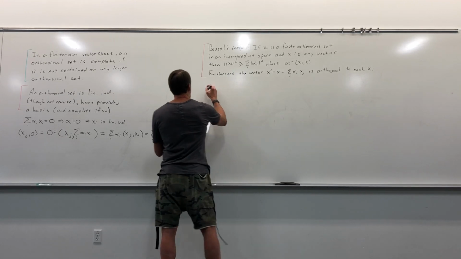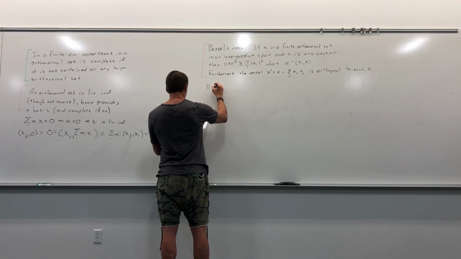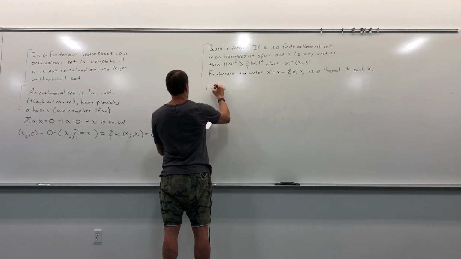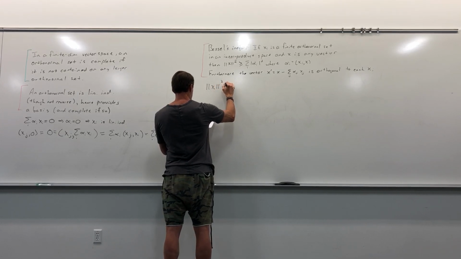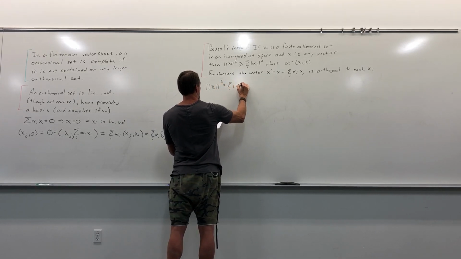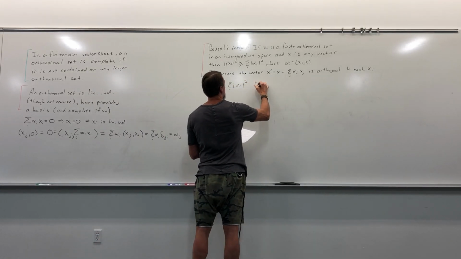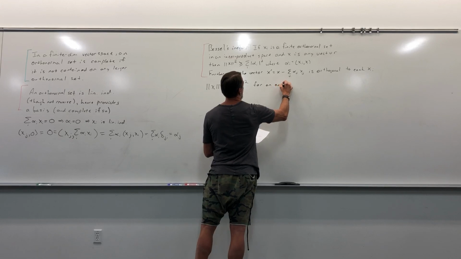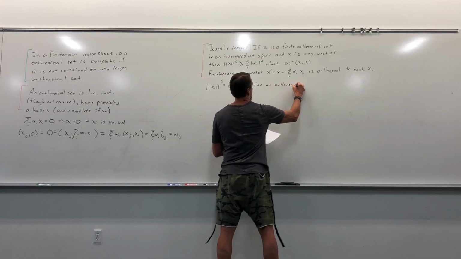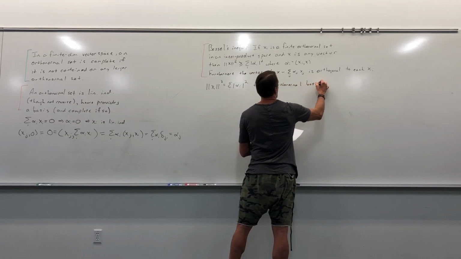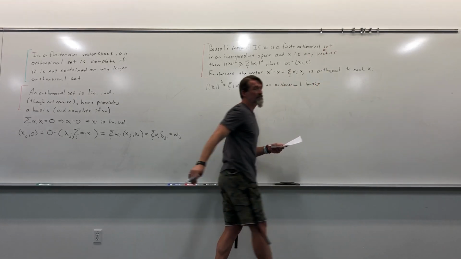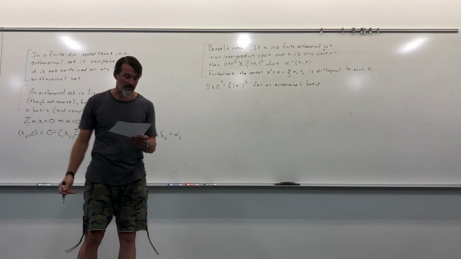So for an orthonormal basis, we have x squared is equal to the sum over i of alpha i squared. Okay, for an orthonormal basis. But this is a set. This could be a subset of a basis, all right?